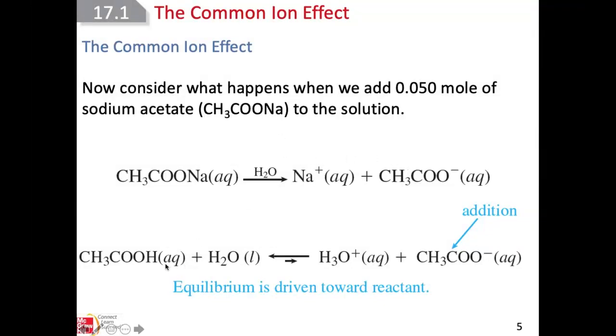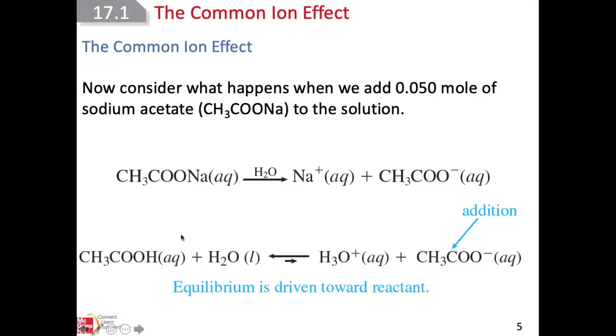So when we take that acid in the water, which has those ions H3O plus and CH3COO minus, and add to that the sodium acetate solution, which has those two ions, really what we are doing, we are changing the concentration of CH3COO minus.